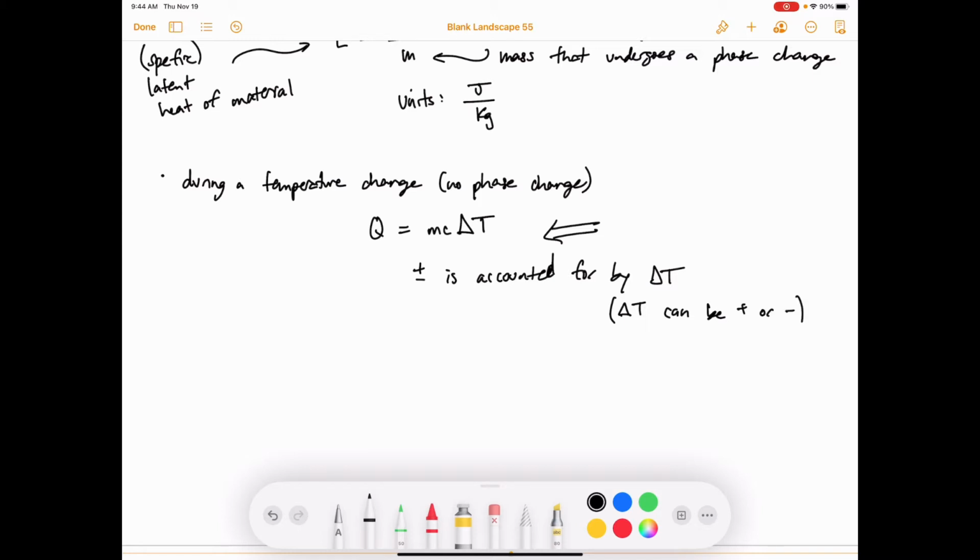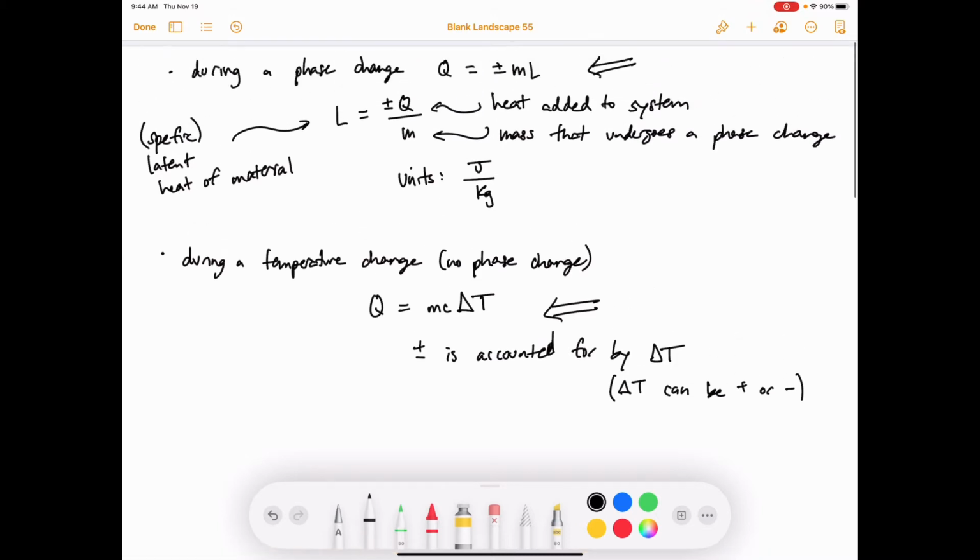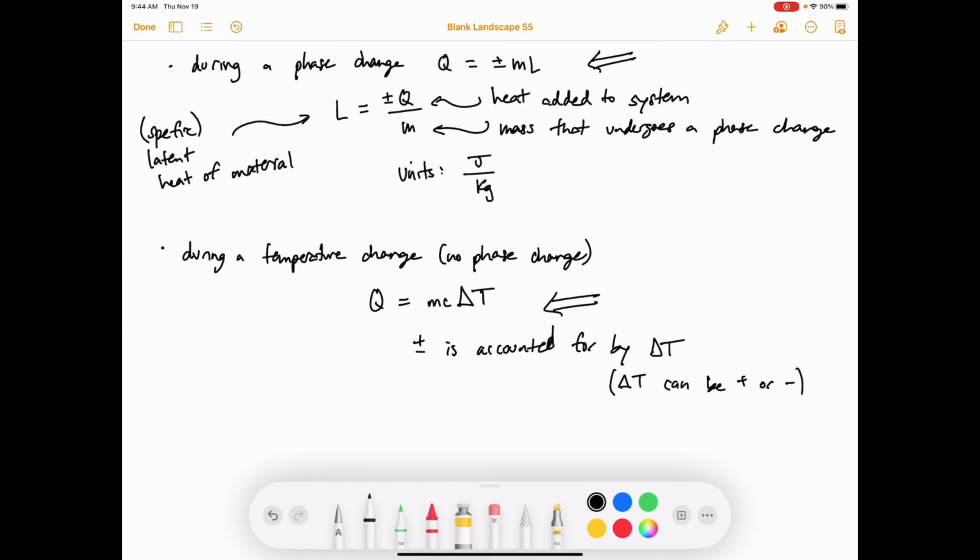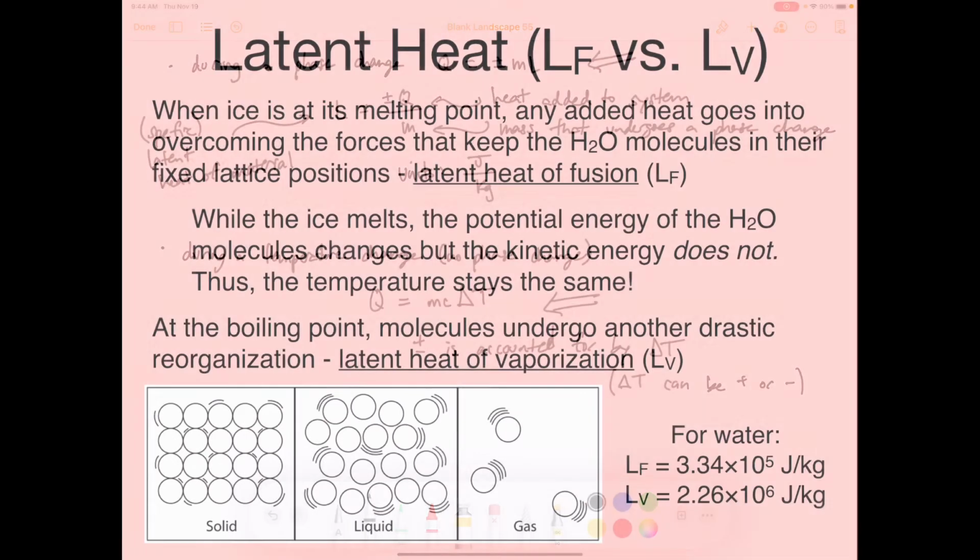Okay, so that allows Q to be positive or negative depending on whether the temperature is going up, in which case it's positive, or if the temperature is going down, in which case it's negative. Okay, so what we're going to start doing is using these two equations together in more complicated problems.